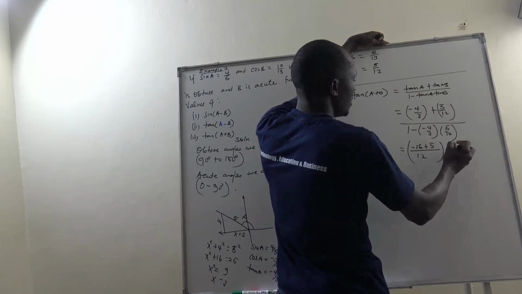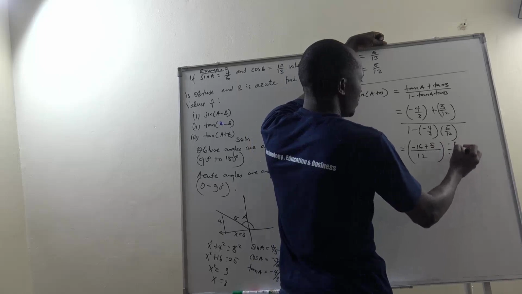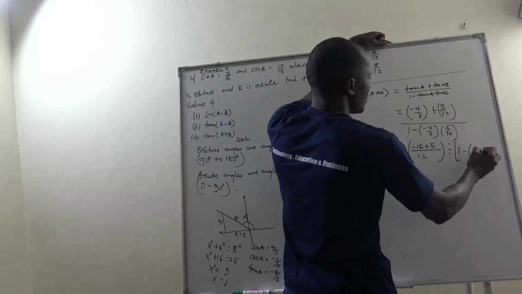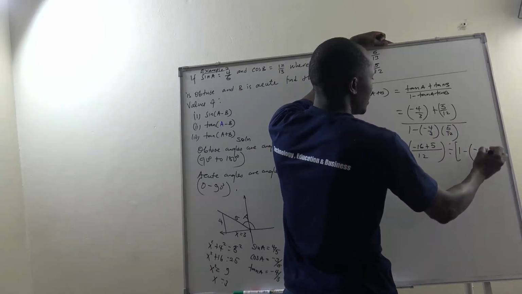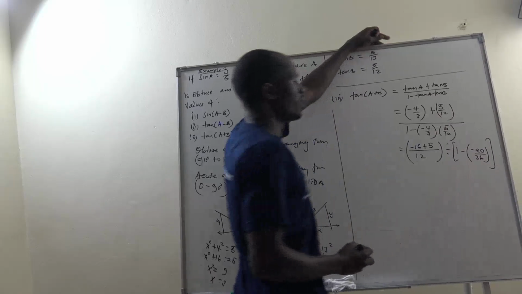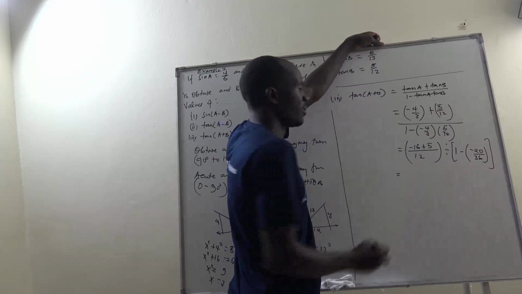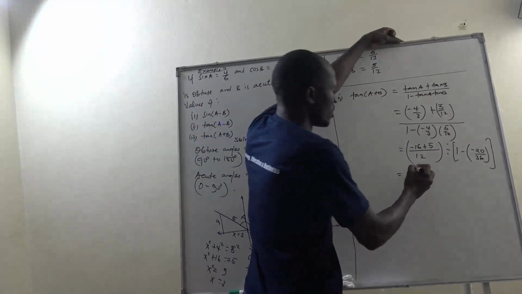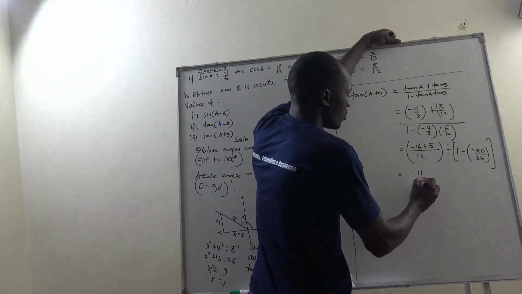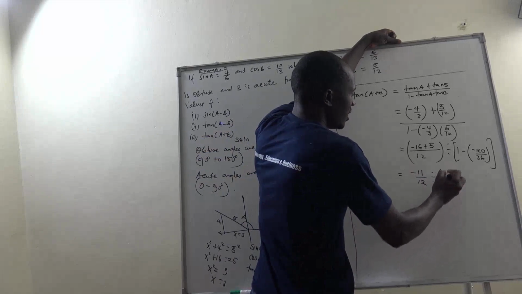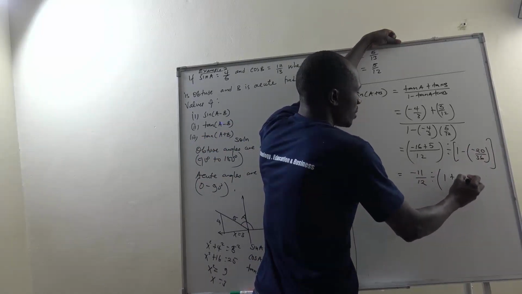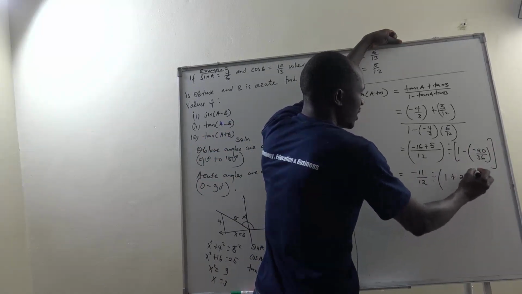We are now dividing into 1 minus negative 4 times that, which is negative 20 out of 36. Can we go ahead and we apply the ideas of mathematics? Negative 16 plus 5, you are going to come out with negative 11 out of 12 divided by, this is 1. A negative times a negative, automatically you come out with a positive 20 out of 36.